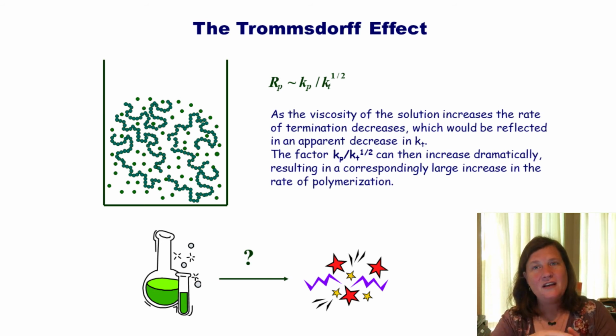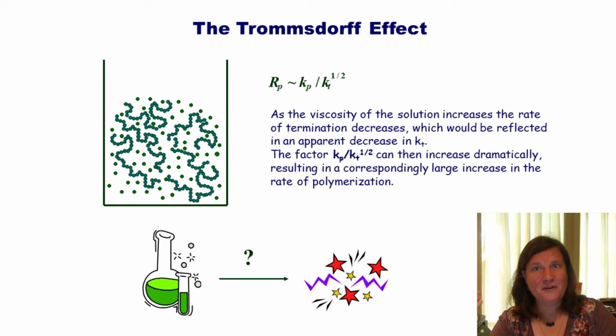So as the monomer converts to polymer, the viscosity of our reaction mixture goes up, and it can go way up. And as that viscosity goes up, it becomes more and more difficult for polymer chains to diffuse past one another, in and through one another. It becomes very difficult for the chain ends to find one another.